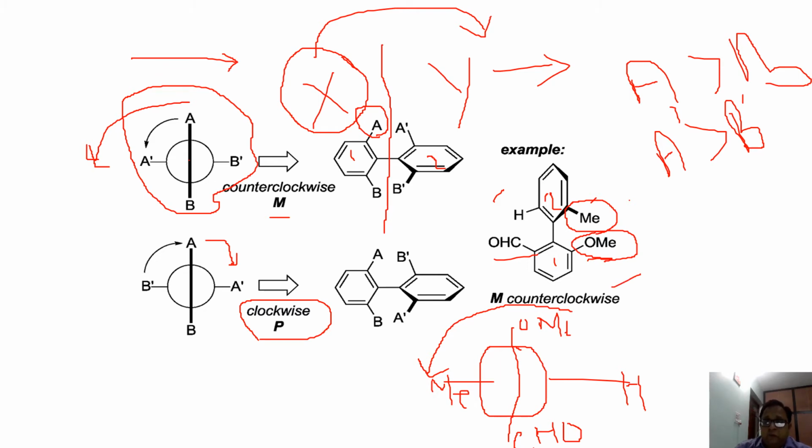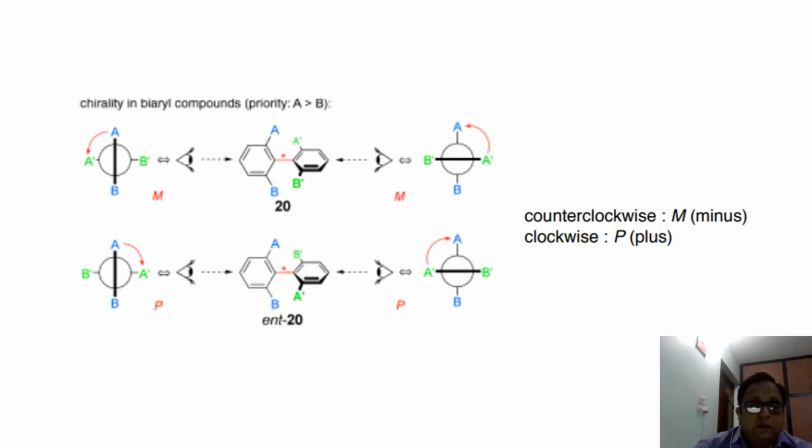To simplify this, let's see it here. This representation has been shown with different colors. The groups that are near to the viewer are represented by blue color. The groups that are away from the viewer are represented by green color.